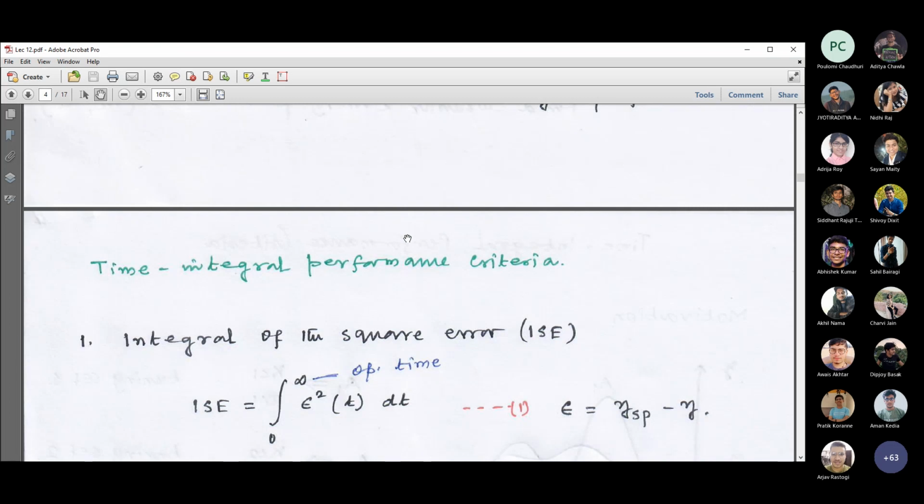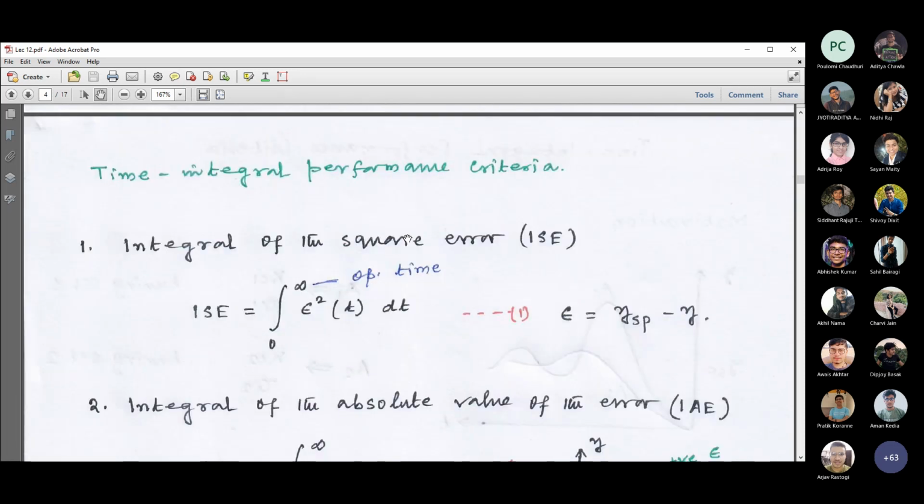I mean, how long you are running the experimental setup, or how long you are running the industrial unit. So that is operating time. Okay, this is integral of the square error. This is one such criteria.